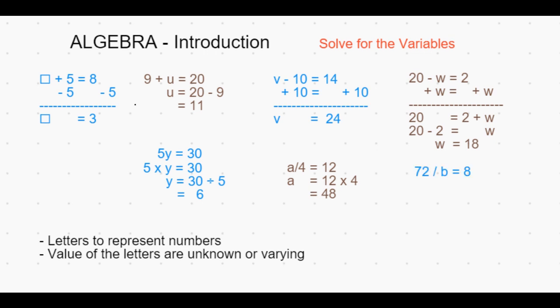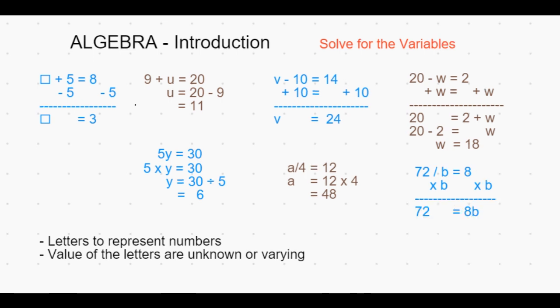Let's look at another example where the variable is in the denominator. 72 divided by b is equal to 8. Now let's multiply both sides of the equation by b. 72 divided by b times b is just 72 is equal to 8 times b.